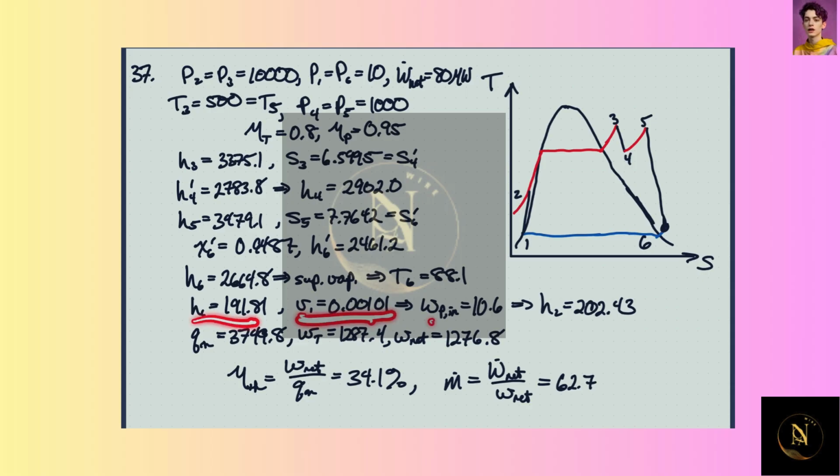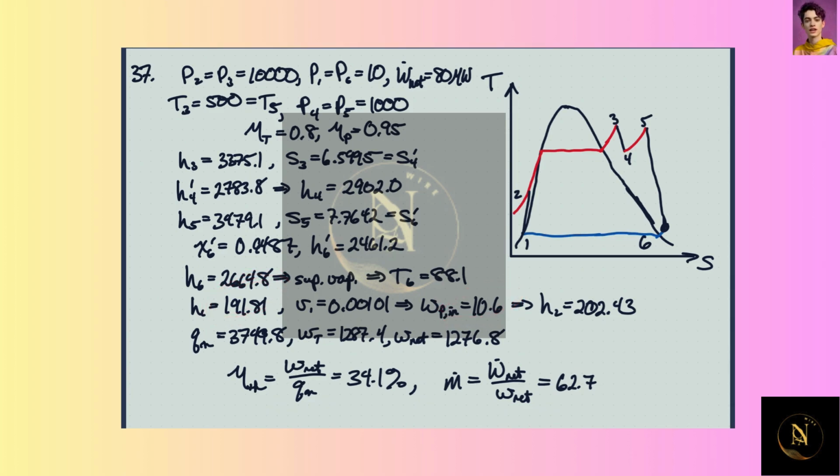Again, using the efficiency, we can get the specific work that we need to put into the pump, which then gives us the specific enthalpy at 2, which is this plus this.